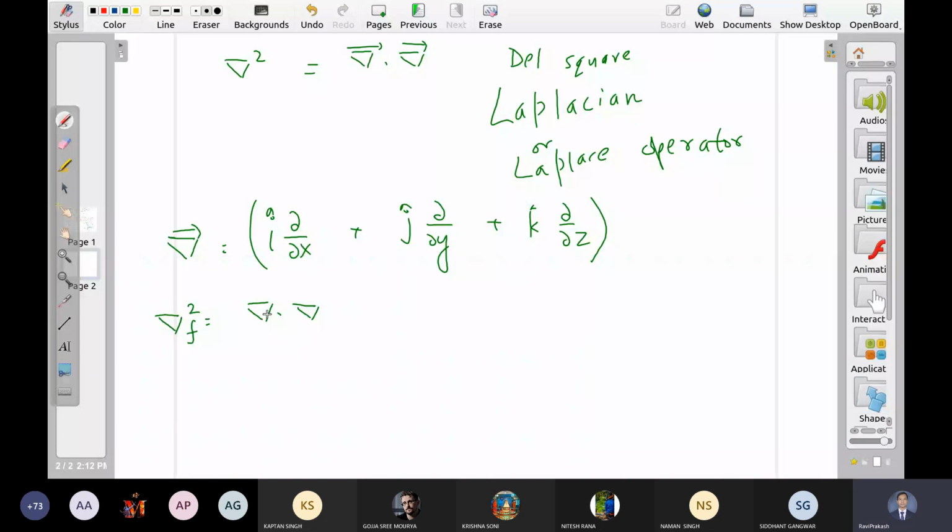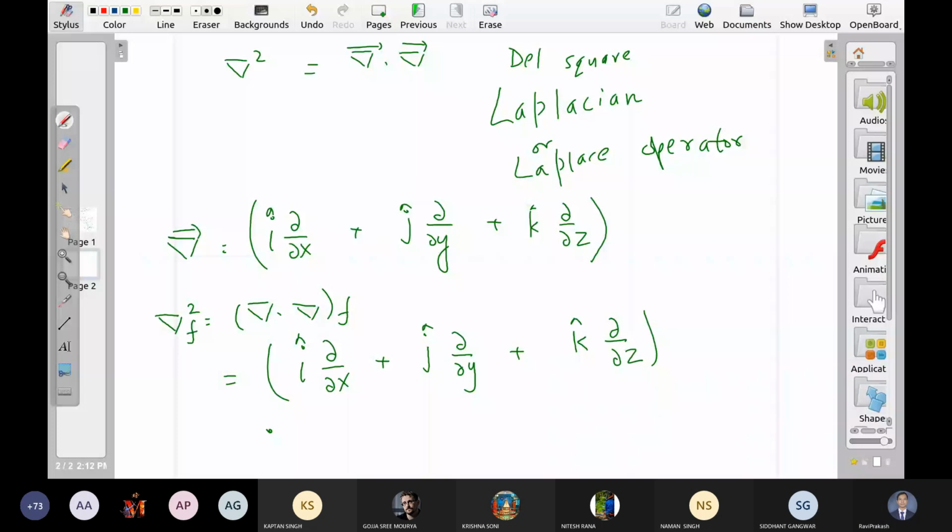Then it has this definition, del dot del, same thing again, and this whole thing is applied on what?